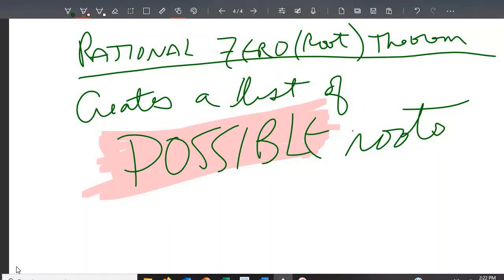Now, some of our lists are going to be kind of long. I might have 16 possible answers. I might have 4 possible answers. I could have 30-something possible answers. This is where it gets very tedious. I don't want to say it's complicated, it's just tedious.